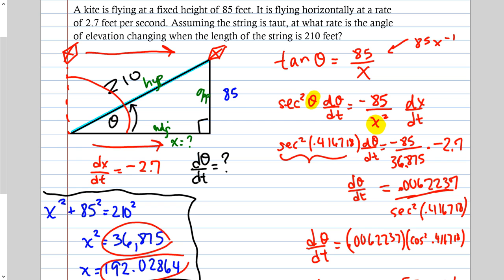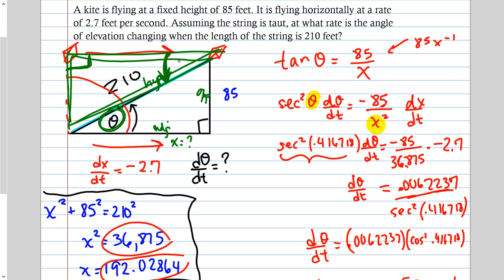The angle's getting smaller. So the answer should have been negative. I suppose I should have been looking at this differently. If I had looked at it like this, the angle of elevation is the same as the angle of depression. They're actually the same, because they're alternate interior angles.